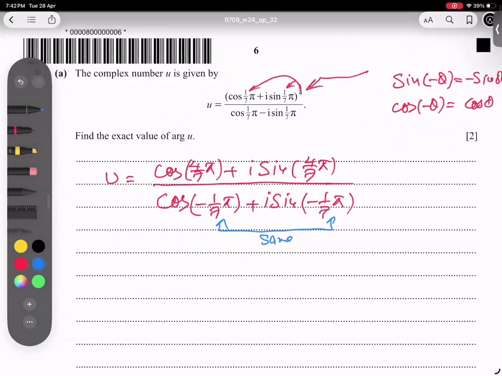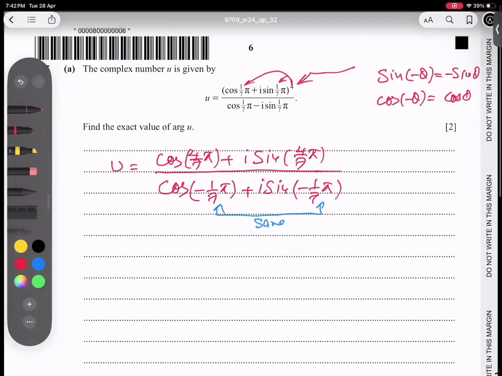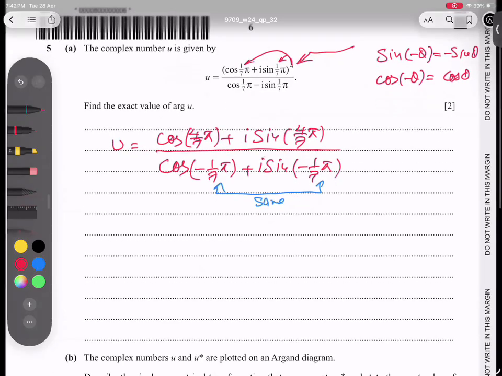Now, students, we can apply the second property. What is the second property? When we have two polar forms, we can simply apply it, and the modulus is 1, you can see the modulus is 1. So subtract the upper argument minus the lower argument. It means I can write it like this: cos of 4 by 7 pi minus 1 over 7 pi.